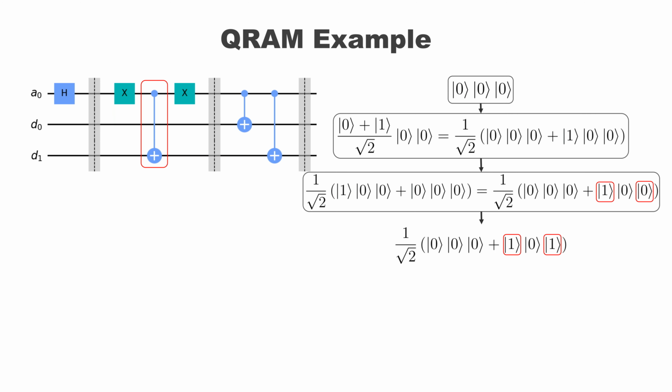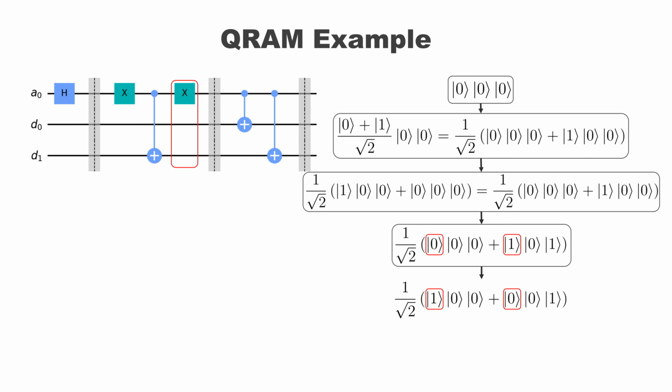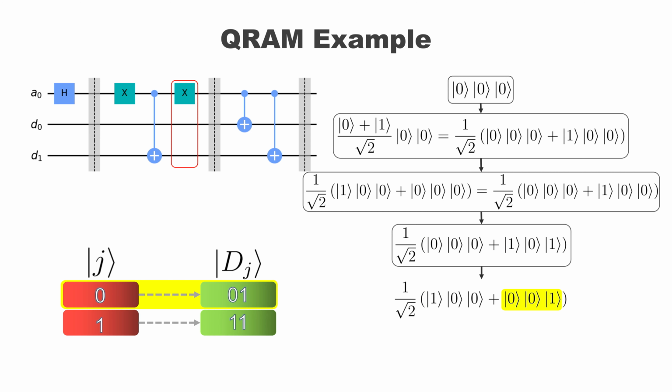Next, the CNOT gate flips the second data qubit if the address qubit is in the state 1. The second X gate flips the state of the address qubit. After the execution of this part of the quantum circuit, the state 01 of the data register is already encoded into the state 0 of the address qubit.